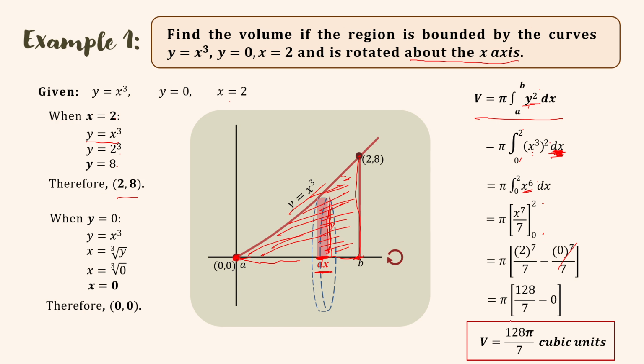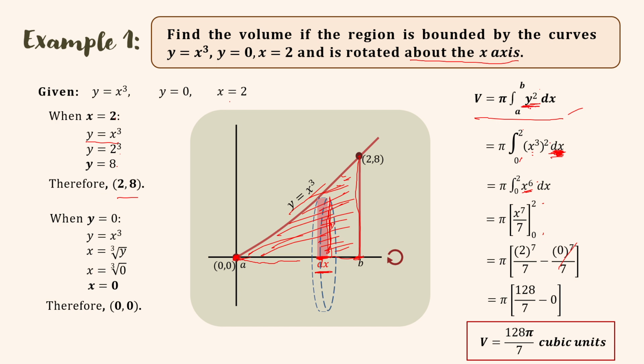So that's it. Very simple, because this is just a simple integration. The thing that we need to know here is how to find the boundary from a to b, and whether the function is in terms of x or in terms of y.